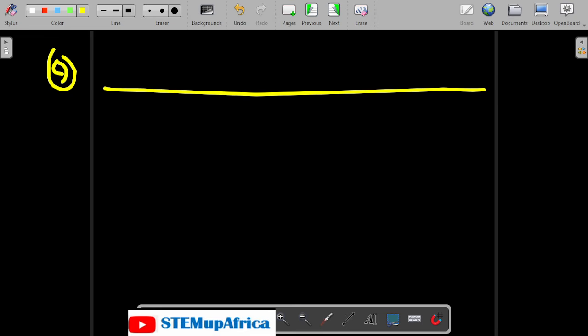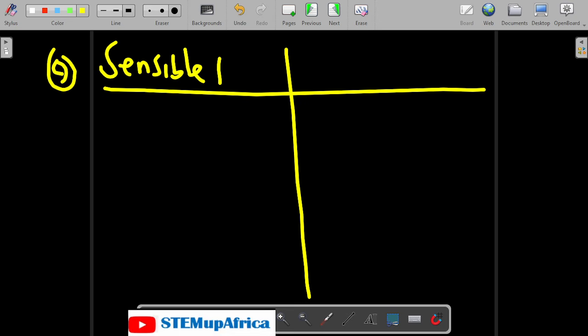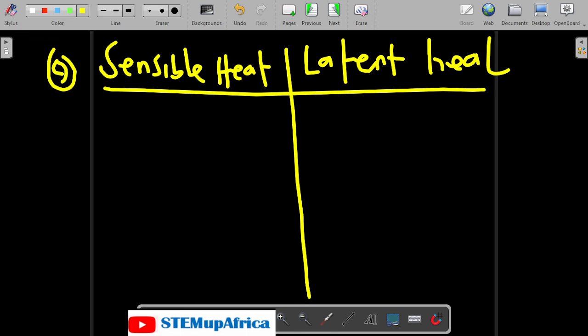Let's see. Number 9 now. We have sensible heat, then you have latent heat. So first one, you can differentiate by formula.